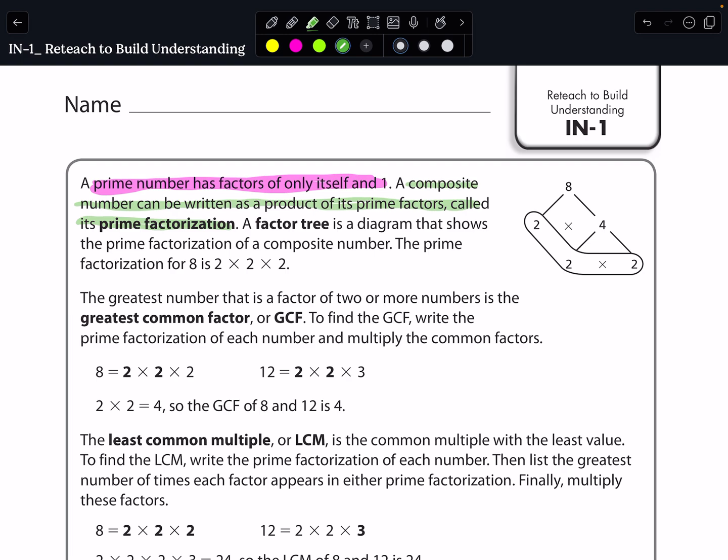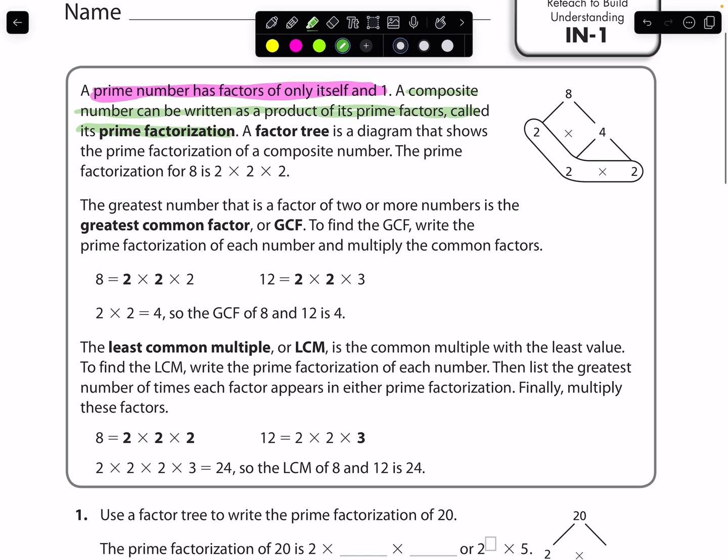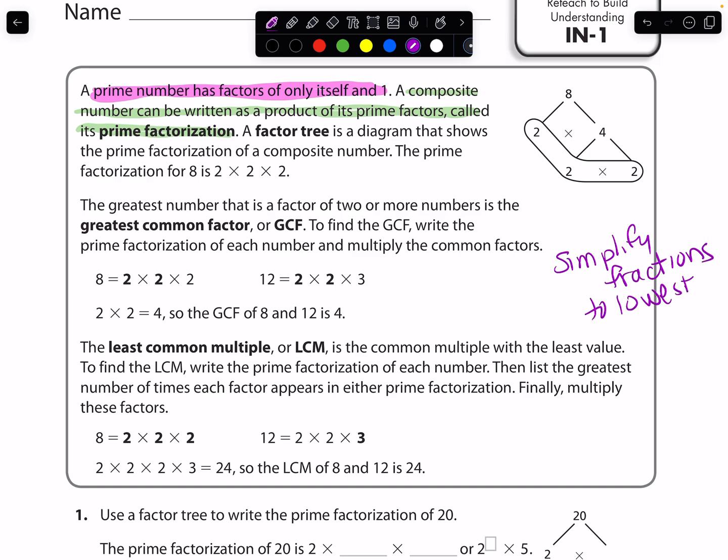So we're going to start creating factor trees. The point of these factor trees is to either find the greatest common factor or the least common multiple. The greatest common factor is used to simplify fractions to lowest numbers, basically.